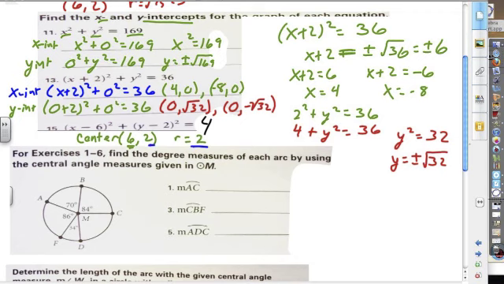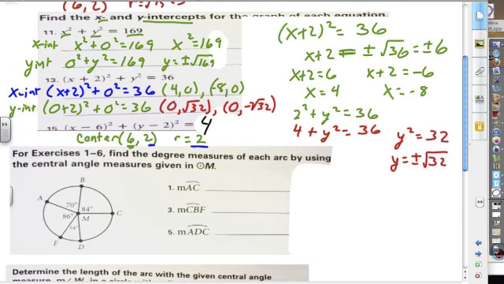That tells me I'm only going to get one x-intercept. And that'll be at (6, 0). So I'm only going to get it at that one point where the radius hits the circle.